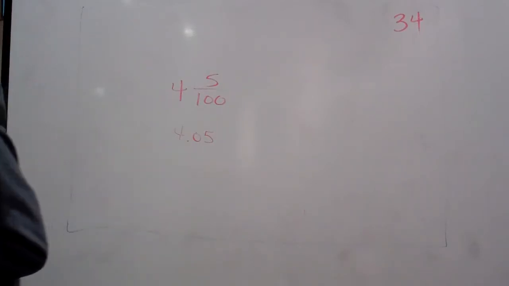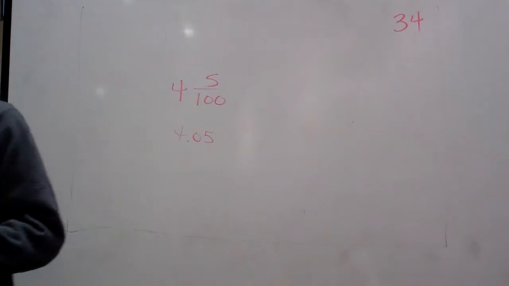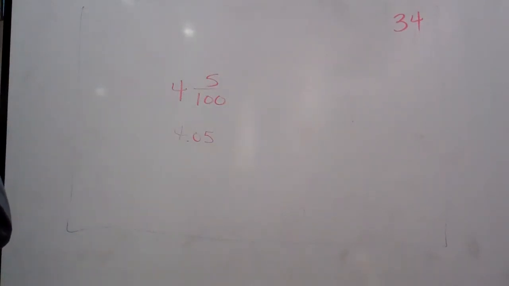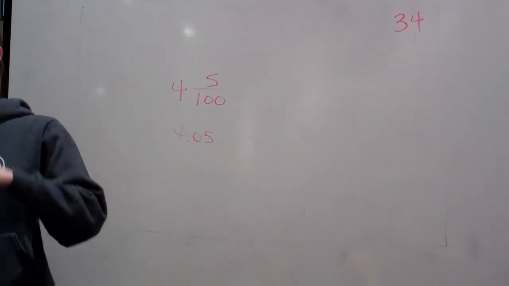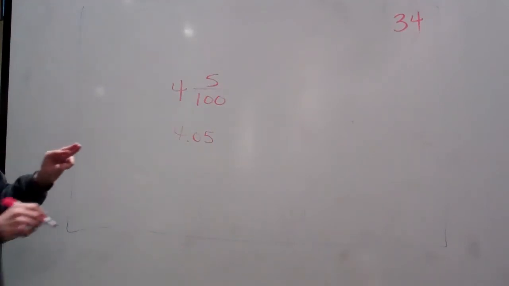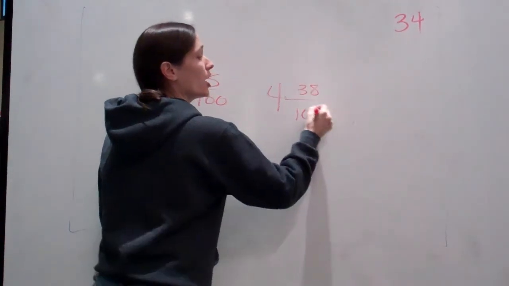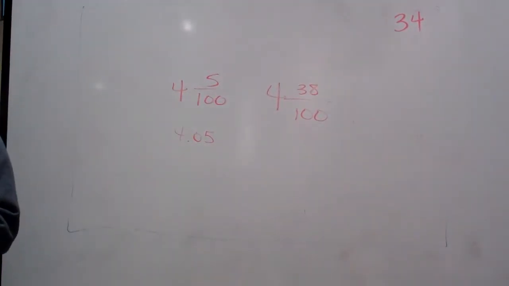Example 3, B. How many ticks did it go? Yes. It went 8 ticks. Okay, 8 from what though? 3. Okay, now listen to me. So it was the 38th tick. Okay? So that would be 38 over 100, which would really make it 4.38.